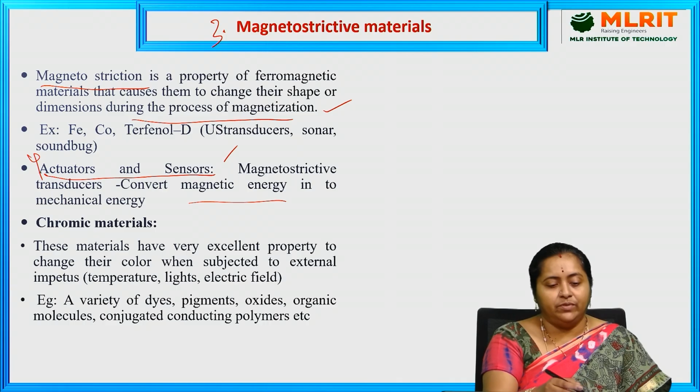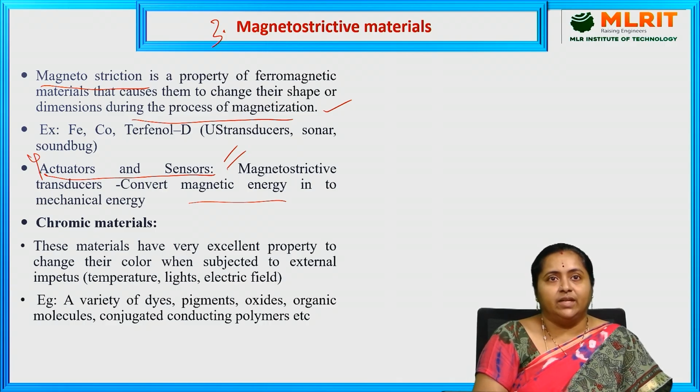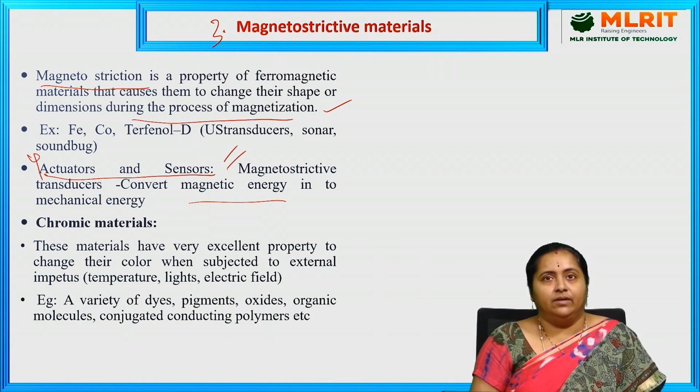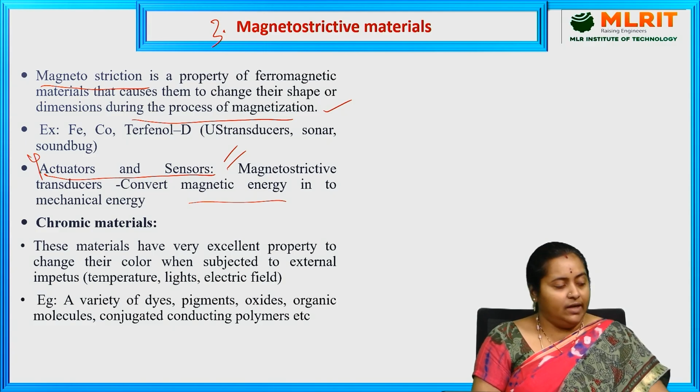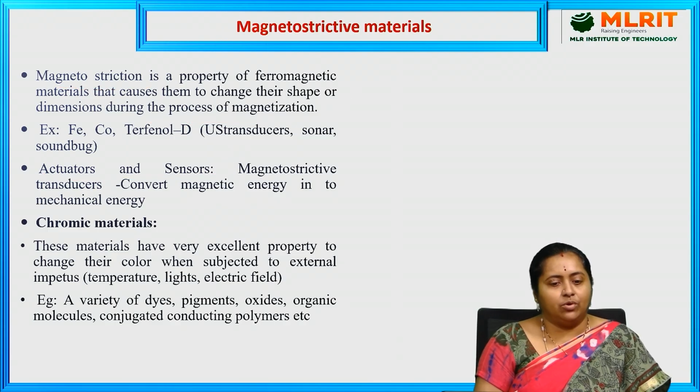That means if you supply a magnetic field to that material, it is able to convert that energy into mechanical form. Such energy converters, or simply transducers, are named magnetostrictive transducers. These come under the category of actuators and sensors. And let us go to the next category, that is chromic materials.